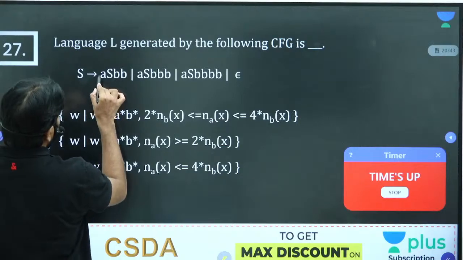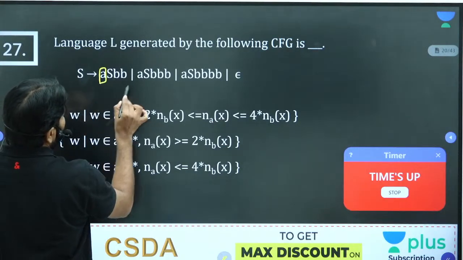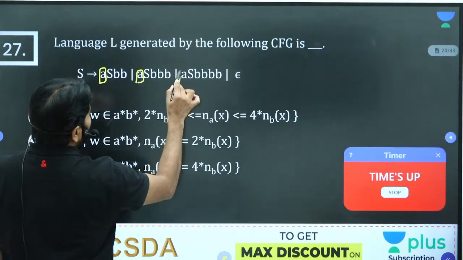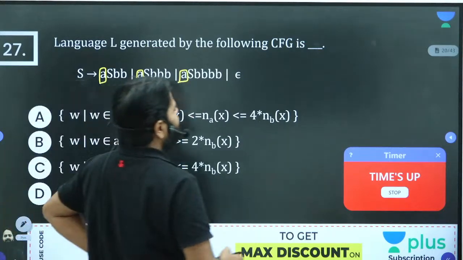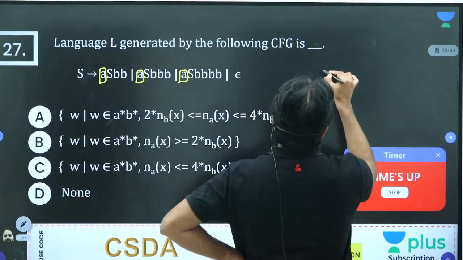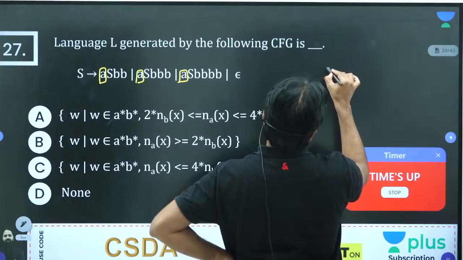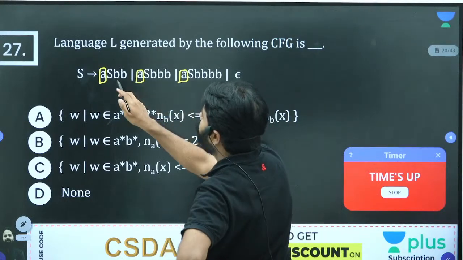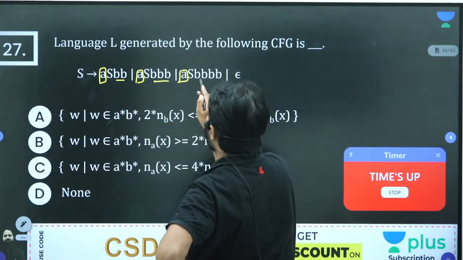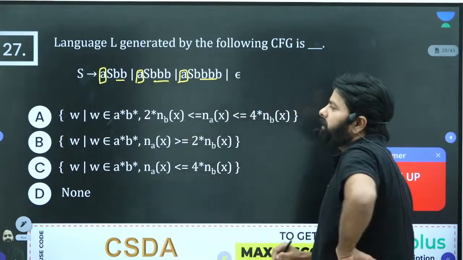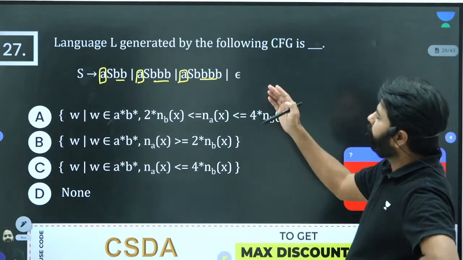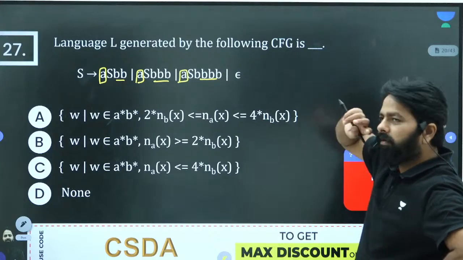If you see 1 A, how many B's can you have? 2 B's, 3 B's, 4 B's. Maximum how many B's? 4 B's, right?